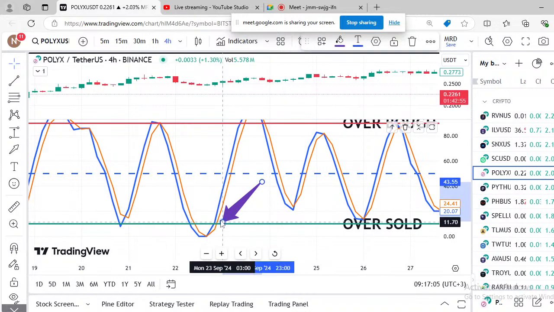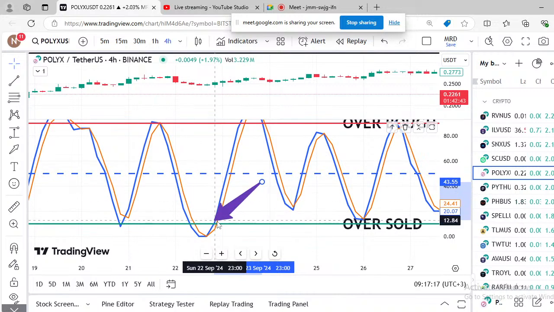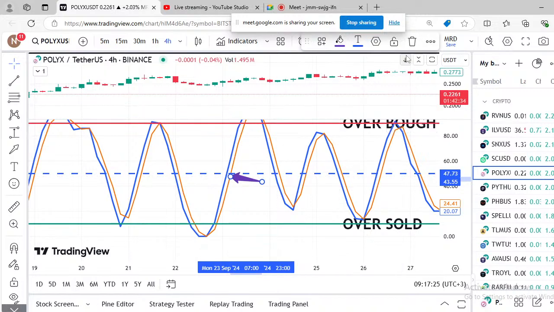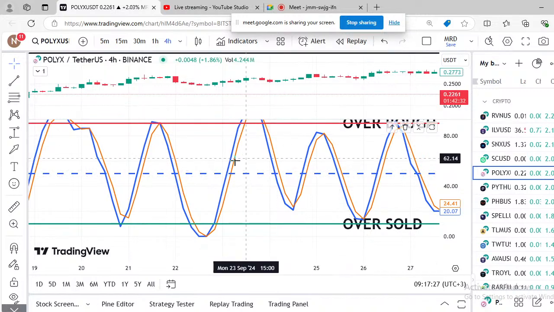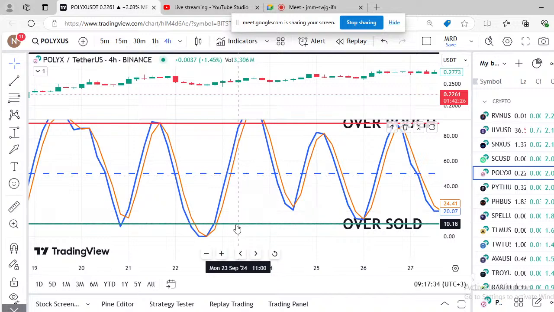And these moving averages will have to move from oversold to overbought. Therefore, before even touching the middle line, which is the dotted one, you should be out. From here up to here, you should be out. So if you trade, you should trade between the dotted line, which is the 50 line, and 10.